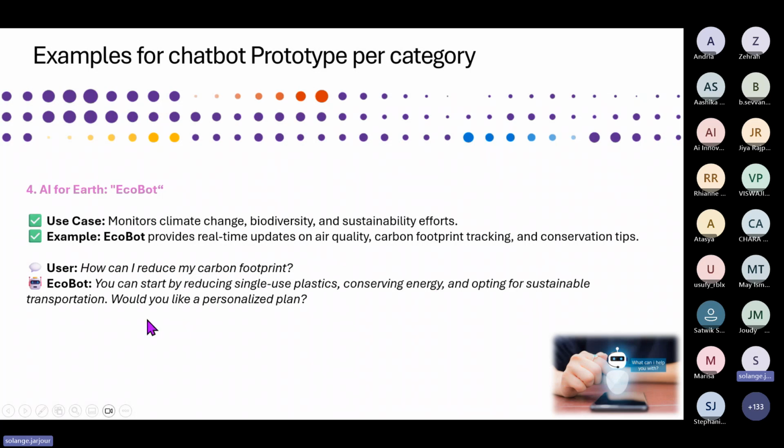And then it will ask me whether I need a personalized plan, specifically for me. Maybe it will ask me questions like how many plastic cups you use per day, what are the different tools that you are using that have plastic, and so on, and then it will try to create a plan for me.